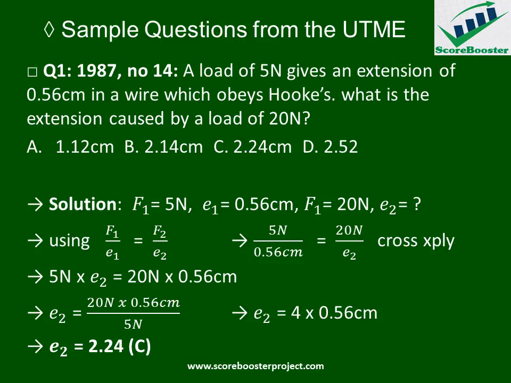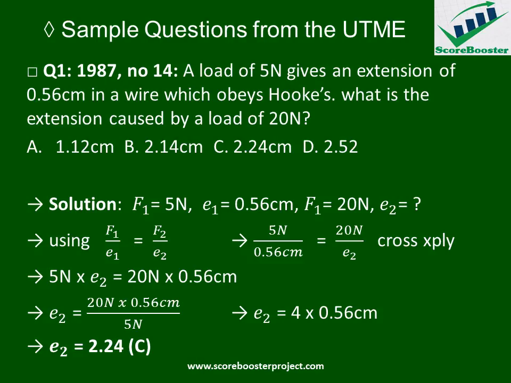Now the first thing is to write out the given parameters, and from the question we are given the first one, that is F1, which is 5 Newton. Then we are given the first extension, of course that will be our E1, which is 0.56 centimeter. Then you are now given the second force to be 20 Newton, and they ask us to get E2.